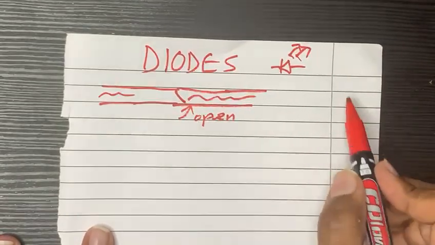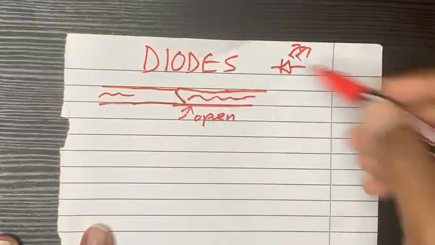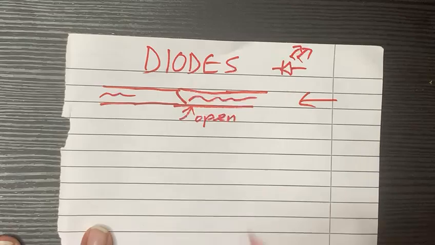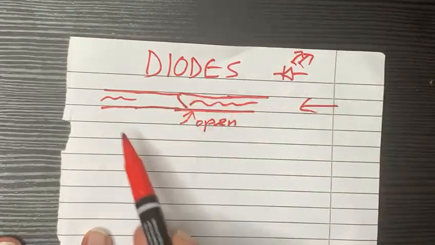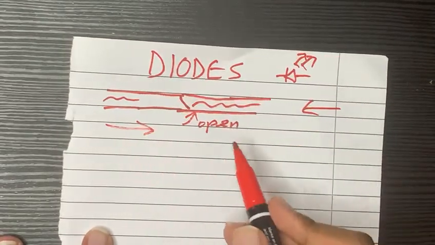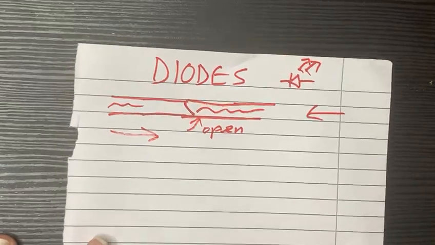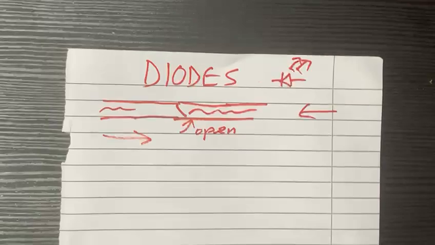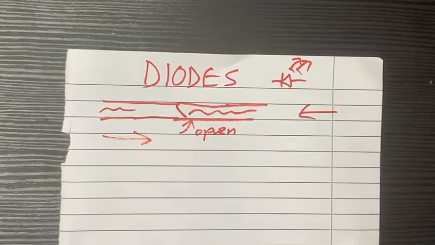But if the water comes from this way, it cannot go through. If it comes from this way, it can, but it has to have the necessary voltage, or the pressure. Basically, this is the same thing for diodes.